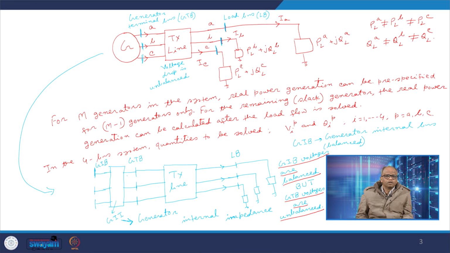We do not have any physical access to this, but we know that these voltages which are being generated internally by the generator are balanced, and to represent that generated balanced voltage, we imagine that there is a bus inside the generator somewhere. It is a virtual bus. There is no physical existence of this bus. So generator internal bus voltages are balanced.